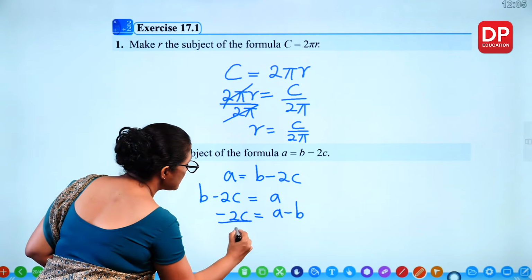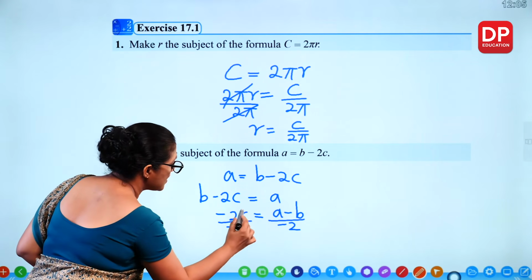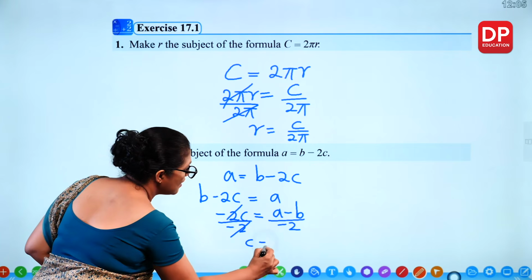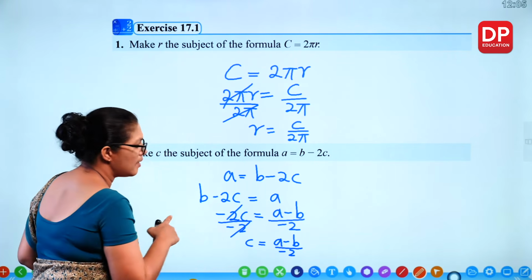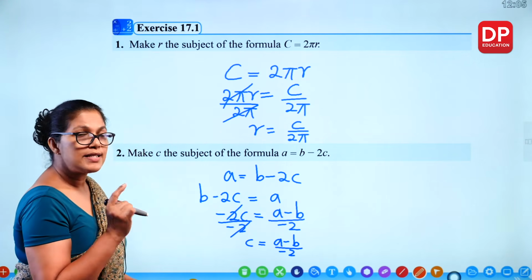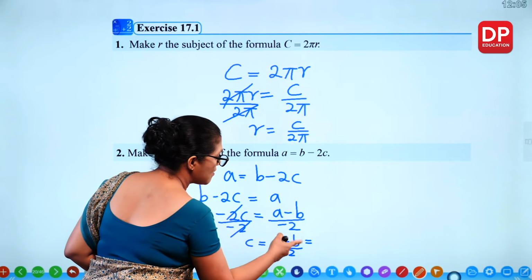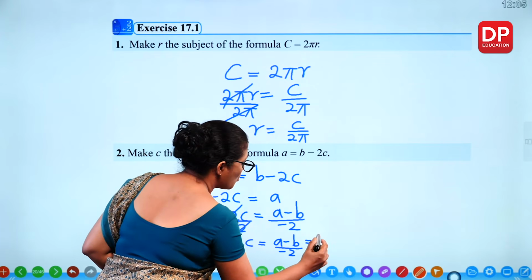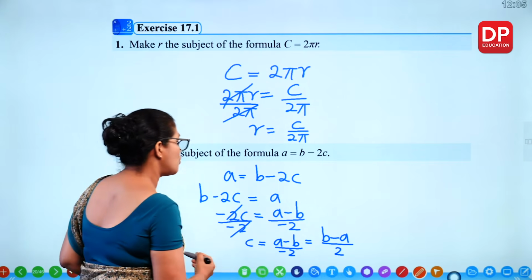Now divide both sides by minus 2. I get C equals A minus B over minus 2. Here I can multiply both the numerator and the denominator by minus 1. So this means switch these two terms. So B minus A over 2.